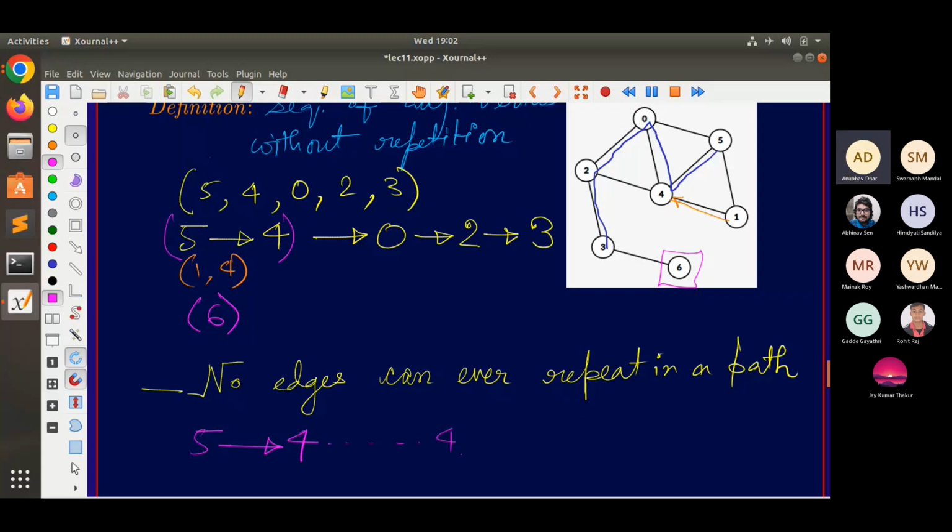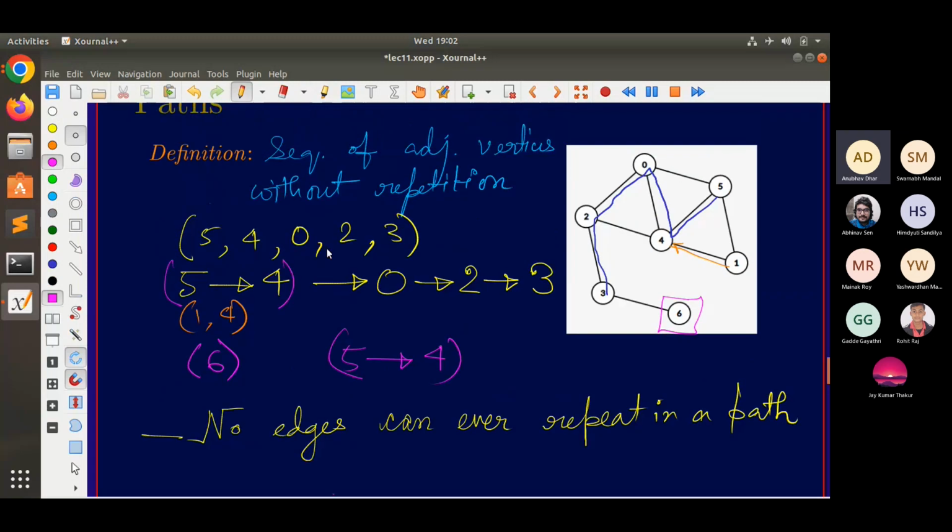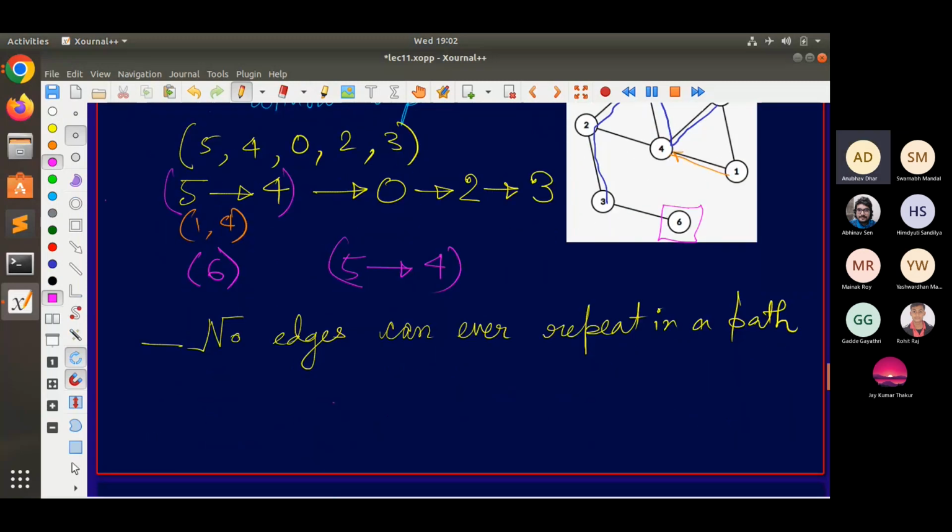Now this 4 to 5 can also be just after this, so even if 4 occurs once, 5 will occur twice. And if you are traversing 5 to 4 for the second time in this direction itself, then both nodes 5 and 4 occur twice. So that violates the definition. So yeah, that's valid.